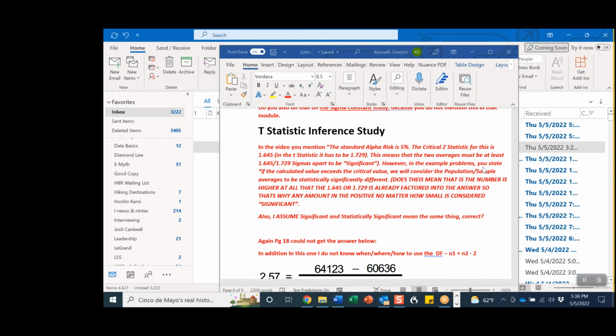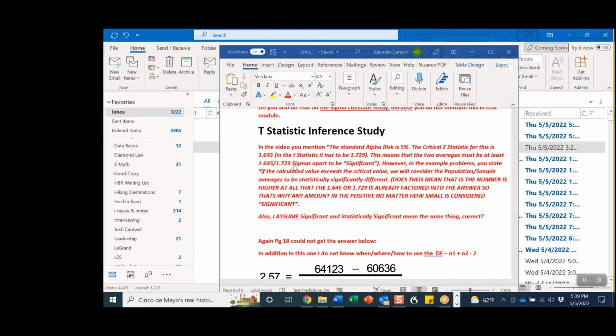However, in the example problems, you state if the calculated value exceeds the critical value, we will remember. Okay, I know what this is. Essentially, when you're looking at the alpha risk of 1.645 for the 5% alpha risk.